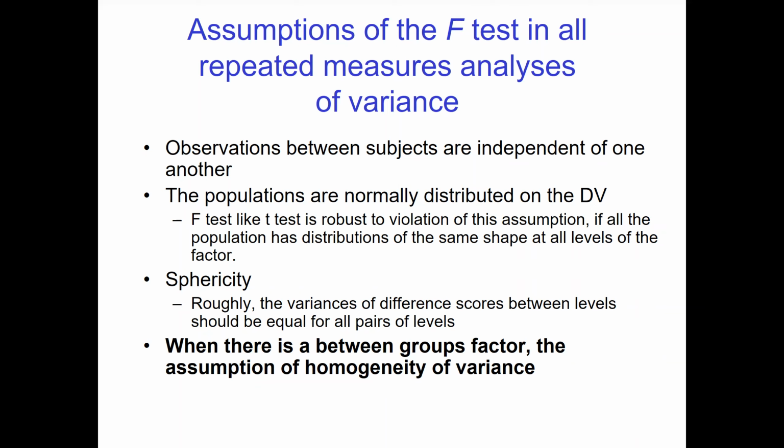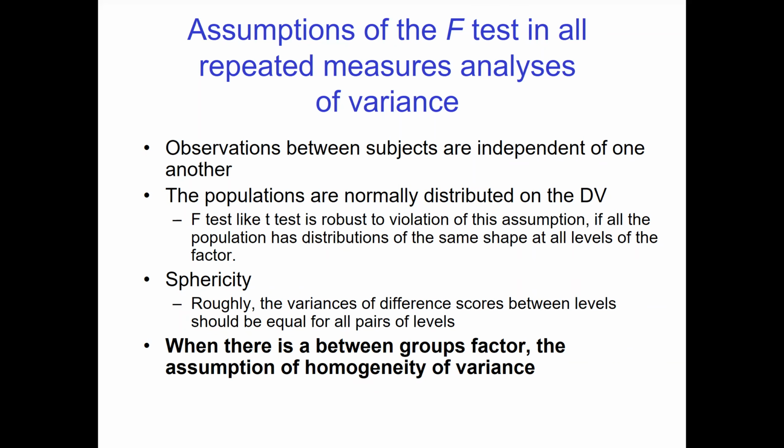There are multiple tests that you really need to combine descriptively to make a decision about normal distribution. Fortunately, the F-test or the tests in a mixed design model are fairly robust to violation of the assumption. It's something you need to look at mostly descriptively.